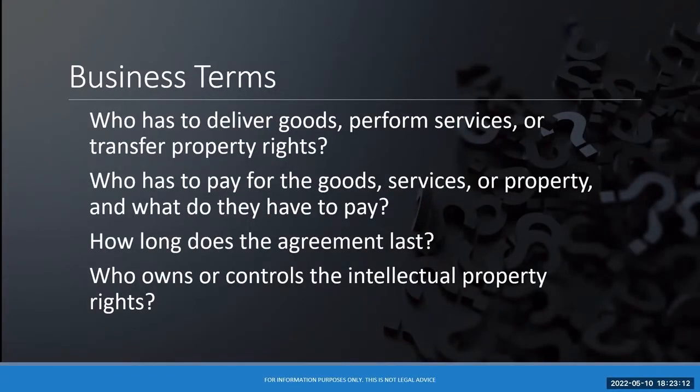If the contract isn't permanent, then how long the contract lasts. And most importantly, in the world of comics, who owns or controls the intellectual property rights? We're not going to get into IP rights here, but you can find that video on what IP is down in the show notes.